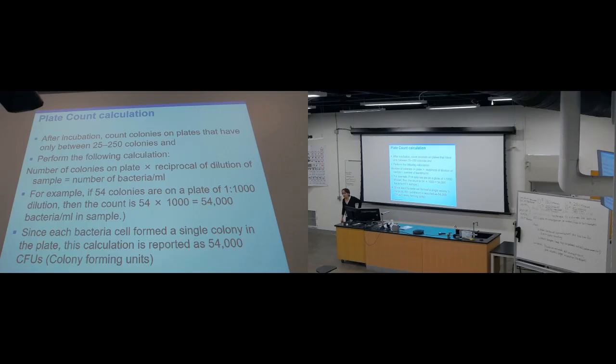So, in the previous example, where you have your 54 colonies in your 10 to the minus 3, the formula tells you to calculate the number of colonies and multiply that by the reciprocal of the dilution, and that will give you the number of bacteria per milliliter. So in this case, if you have in the 1 to 1,000, you multiply 54 times the reciprocal of the dilution, 1,000, that gives you 54,000 bacteria per milliliter of sample.